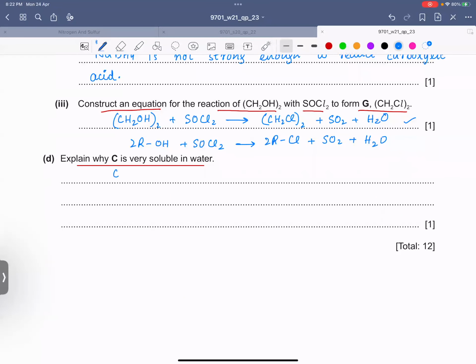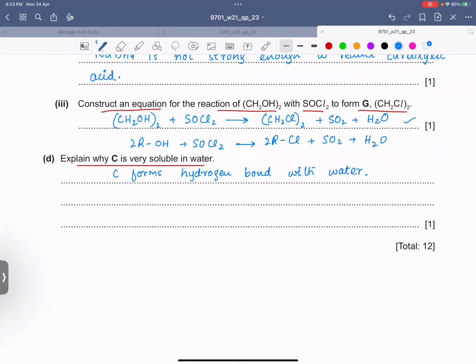Sir, aldehyde can do hydrogen bonding, right? Yes, water can form a hydrogen bond with an aldehyde. The thing is that an aldehyde can form a hydrogen bond with water molecules, but aldehydes cannot form hydrogen bonds with other aldehydes. That is the difference between an aldehyde and an alcohol or a carboxylic acid.